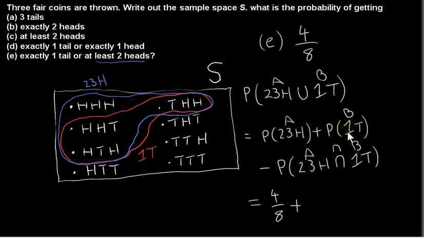The probability of the event which is getting exactly 1 tail, is 1, 2, 3 over 8. And we subtract off the probability of the intersection of the two sets. So the intersection of the two sets consists of just 3 elements. So you see that again we get 4/8.